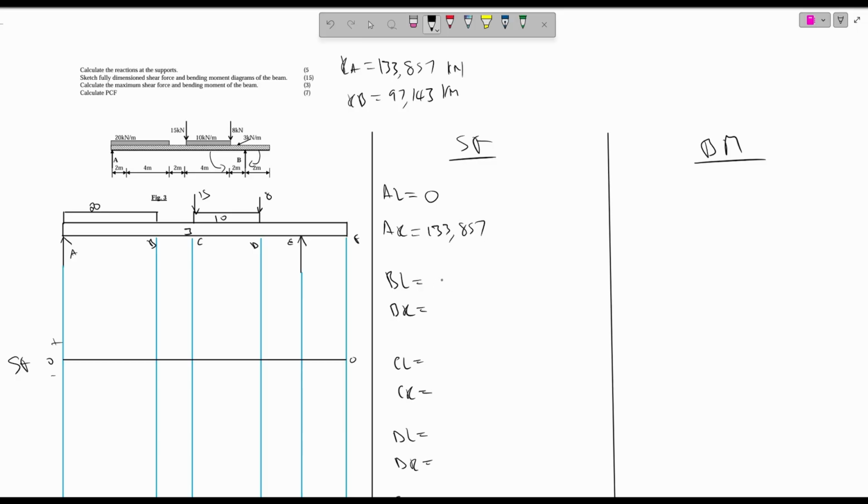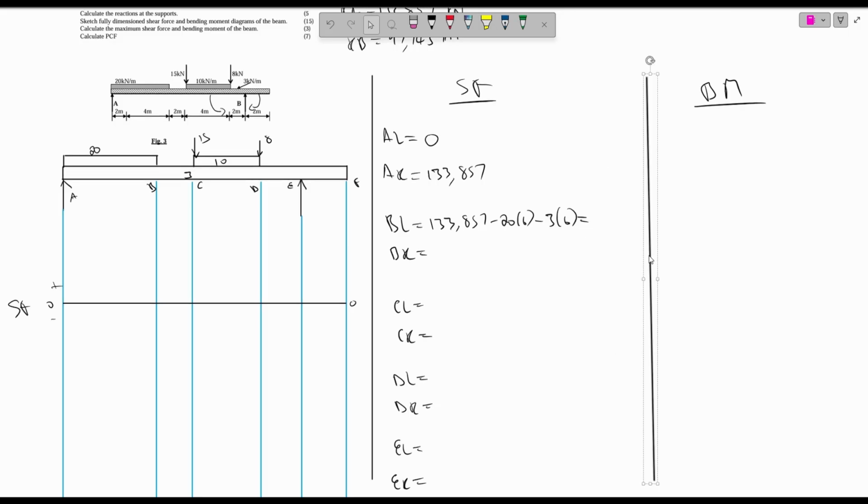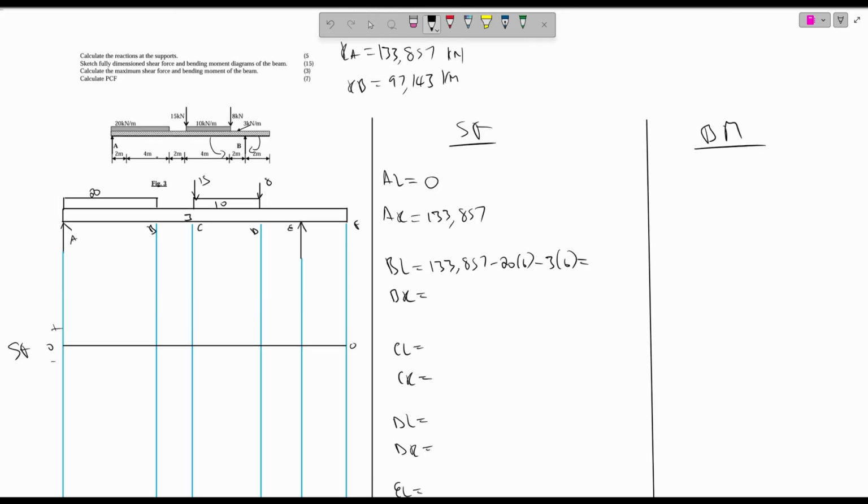Our B left will be 133.857 minus 20 times 6 minus 3 times 6. The 20, we're at B, our B is here. So for B left we have this UDL as well as this UDL.